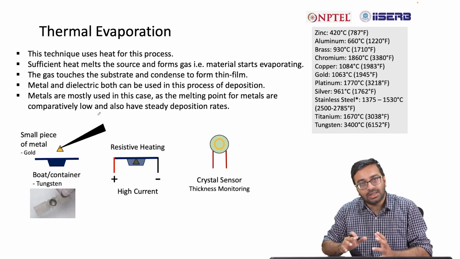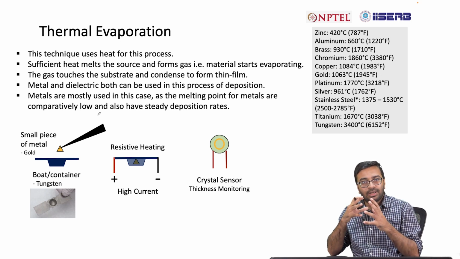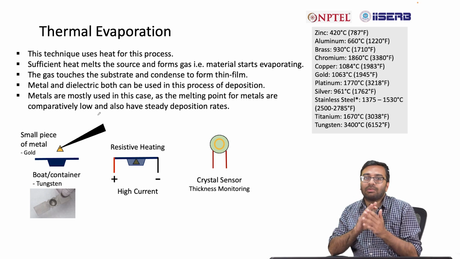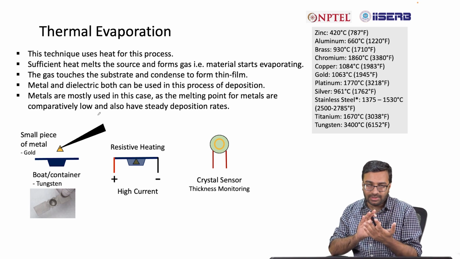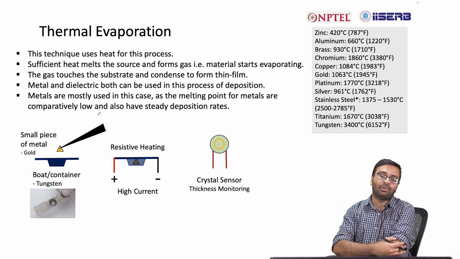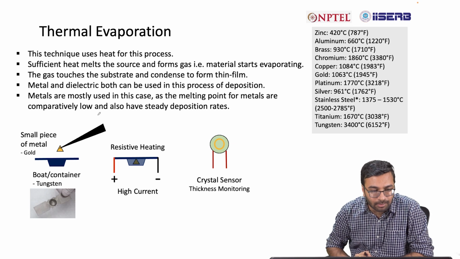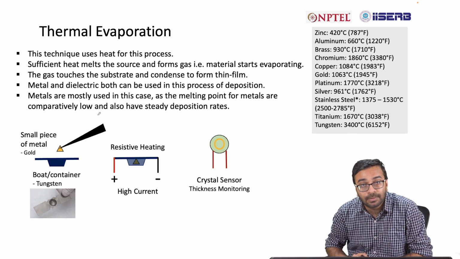Whatever we have discussed, from there you now know the different conditions that one has to maintain and the purpose of the deposition technique. Briefly, the purpose is to deposit a highly pure source material on a substrate. In the case of the thermal evaporation technique, it uses heat for this purpose.